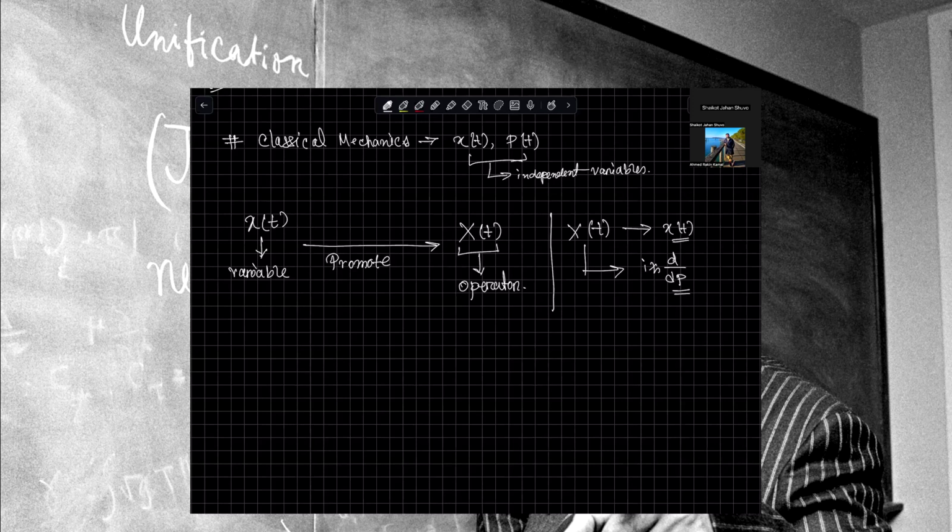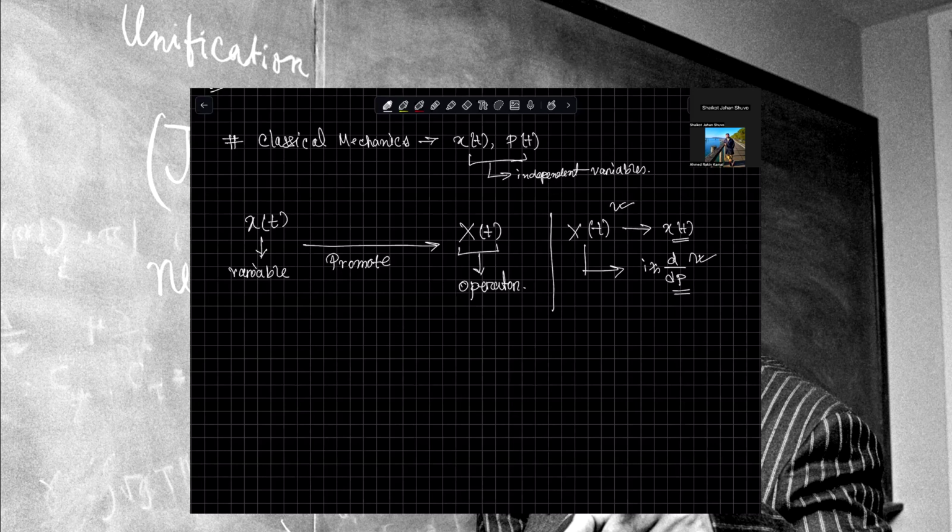So this is the first postulate of quantum mechanics, that is, you have your dynamical variables, right? So instead of treating them as numbers, you promote them to operators. And if this explanation here seems confusing, think of them like matrices. Even a differential operator can be thought of as an infinite dimensional matrix.